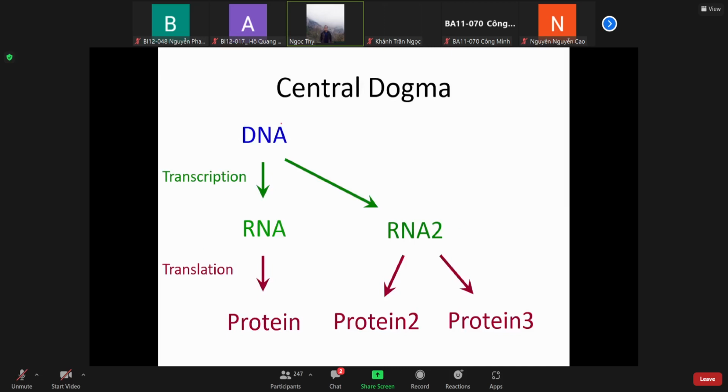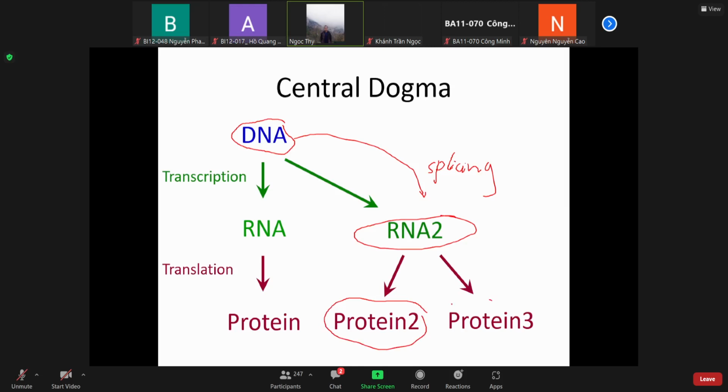As a result, from one DNA through a splicing process, different types of RNA will form. So we have different RNA variants of one gene, and different RNA variants, through post-translational modification, can form different types of protein.